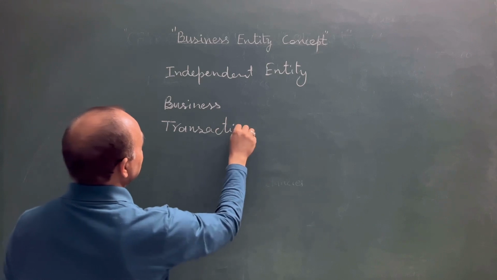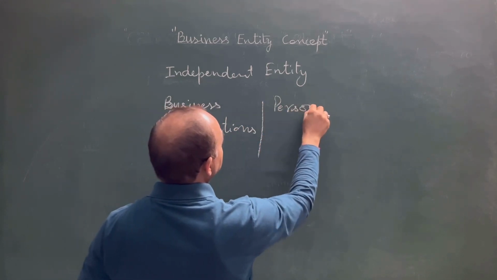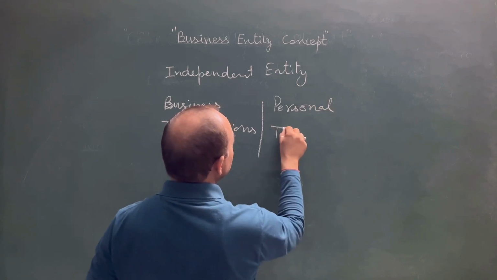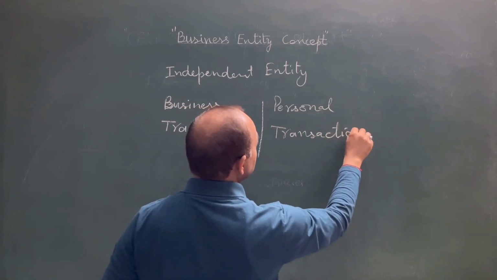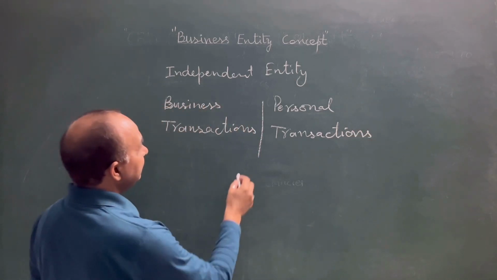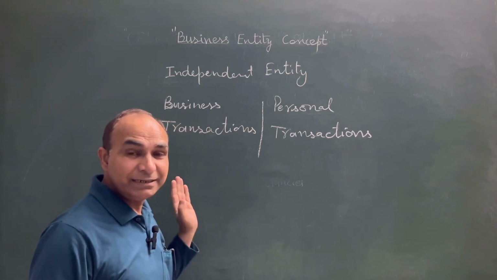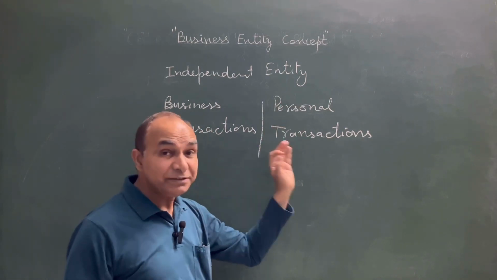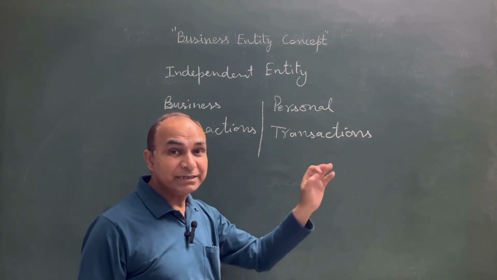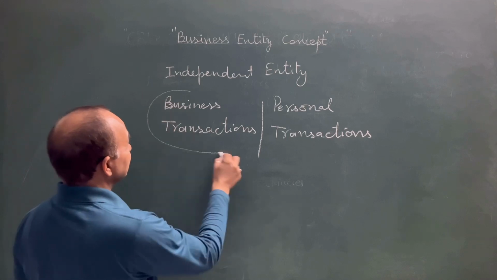On the other hand, there are some personal transactions of the businessman. I mean to say, business transactions are maintained separately in the books of accounts of the business, and personal transactions, if any, of the businessman can never be mixed up with the business transactions.